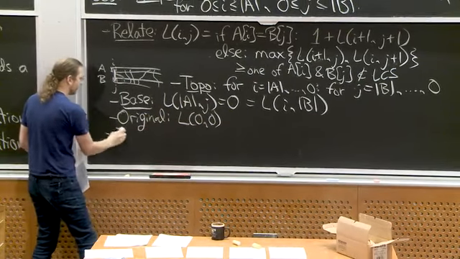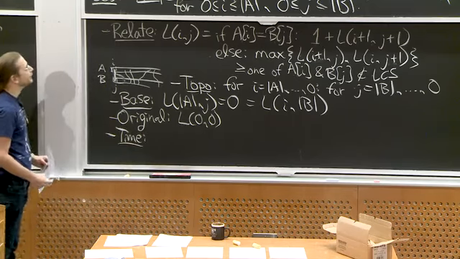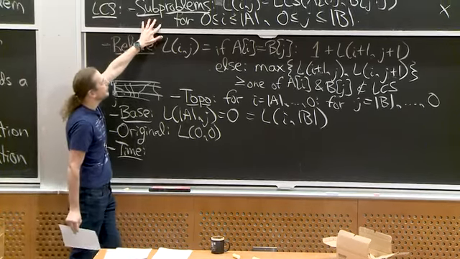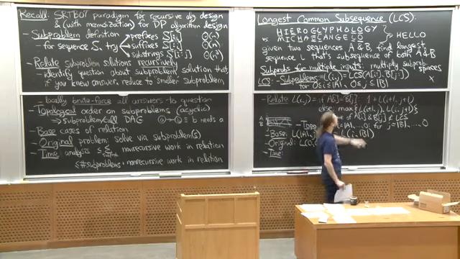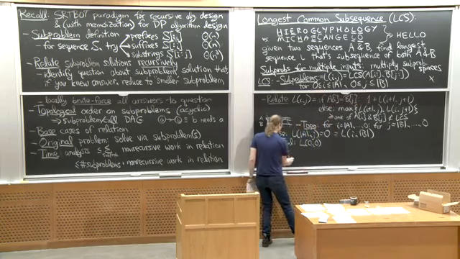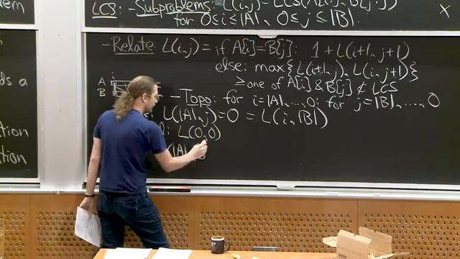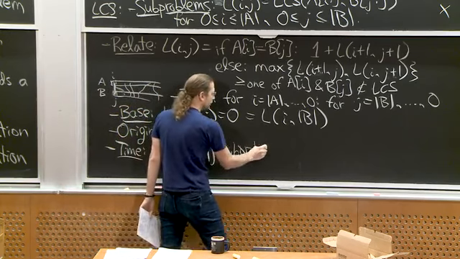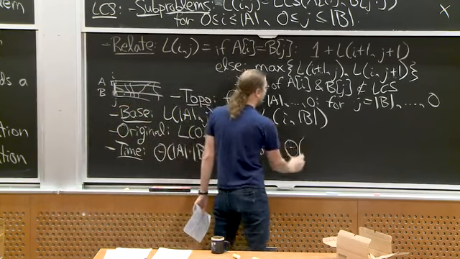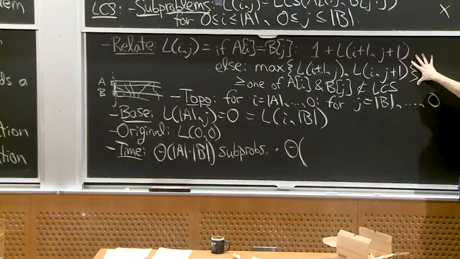And time. OK, so for time, we need to know how many subproblems there are. It's |A| plus 1 times |B| plus 1. I'll just call that theta of |A||B|. Assume these are non-empty sequences. So this is the number of subproblems. And then what we care about is how much time do we spend for each subproblem in evaluating this recurrence relation.